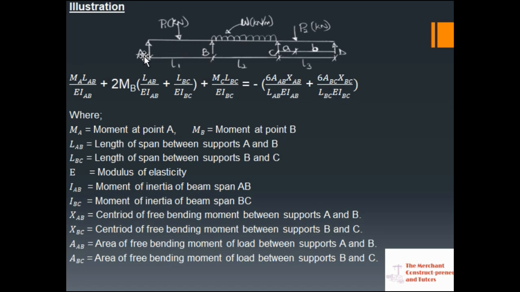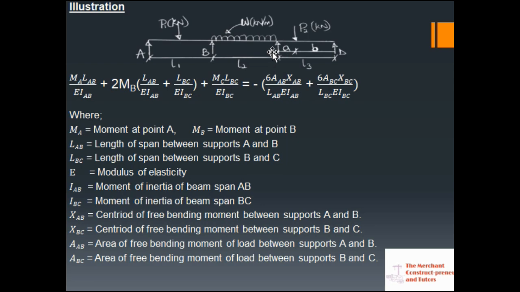At support A, you only have this portion, that is LAB. Then for the next one, you take the same thing. B is supported on two sides, portion AB and portion BC. That's the reason why you have AB plus BC. MB is constant for both sides.